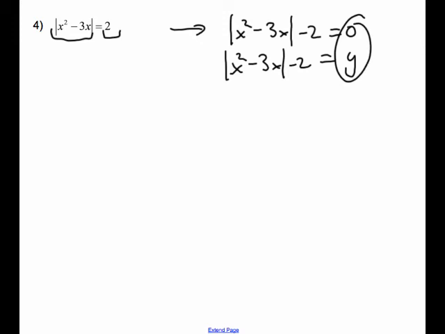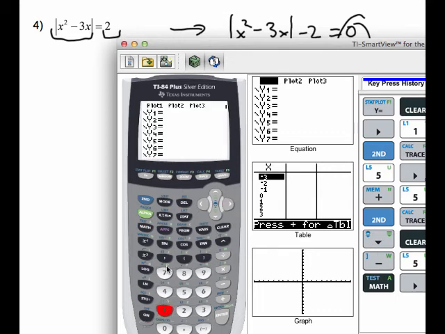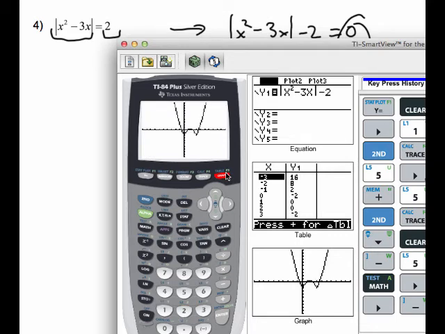This will tell me what my solutions could be. Alright, so absolute value of x squared minus 3x minus 2. Graph that, and it looks like I have 4 solutions. Wow. 1, 2, 3, 4.